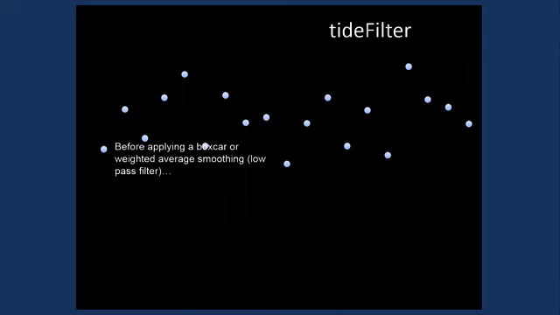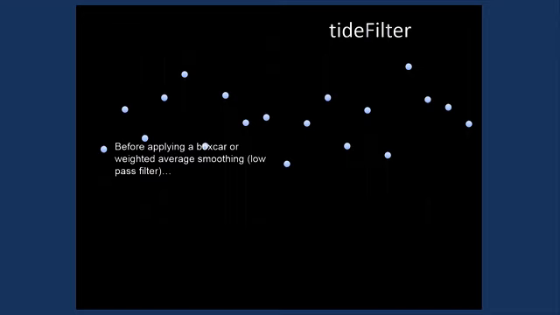Okay, so here's another one: filtering. Filtering is essentially a kind of smoothing. There's lots of ways of filtering. The one I found useful, which is very generic and straightforward, is the boxcar.